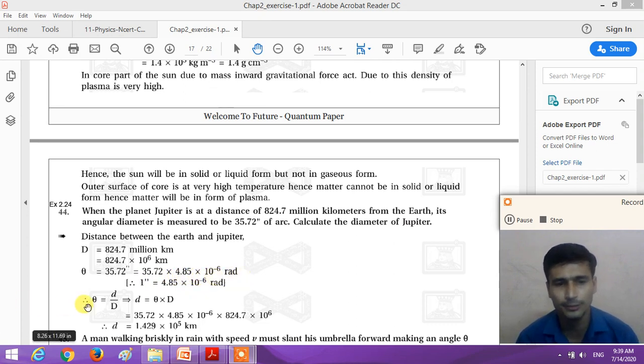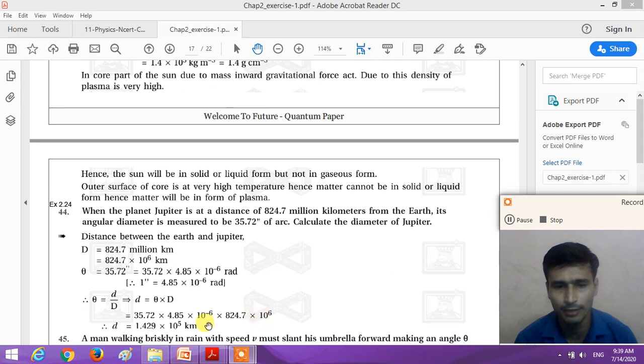As per the formula of the angular diameter, theta is equal to small d divided by capital D, where small d is the diameter of Jupiter. So small d is equal to theta into capital D, right? So theta is 35.72 into 4.85 into 10 raised to minus 6 radian, into capital D, which is 824.7 into 10 raised to 6.